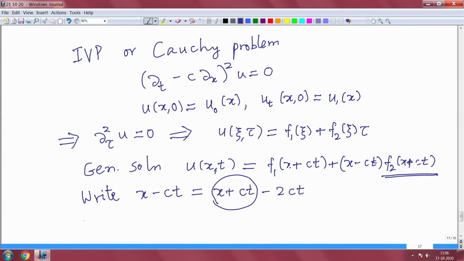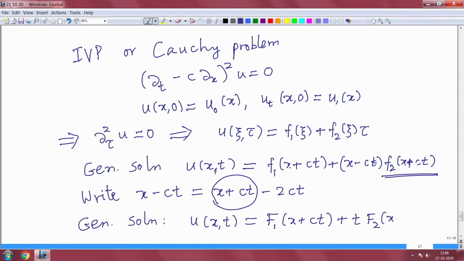So, the general solution we can write, one more time I will write it. So, u of x, t, so let me use different notation, f 1 of x plus c t plus t f 2 of x plus c t.